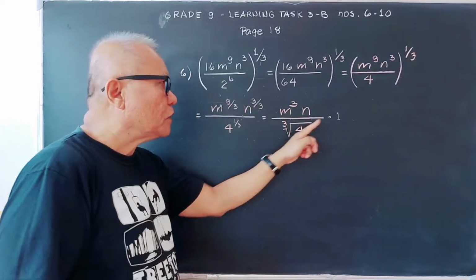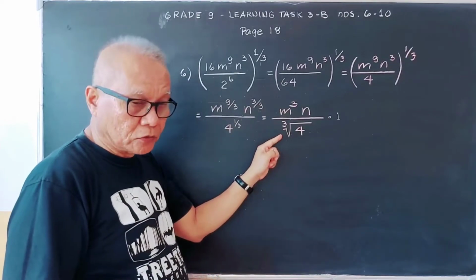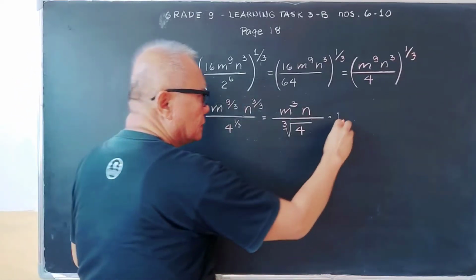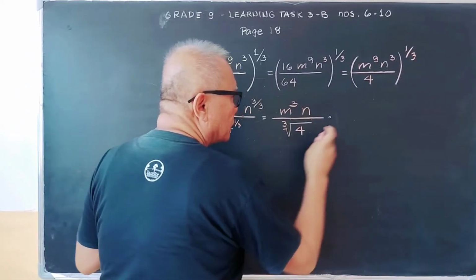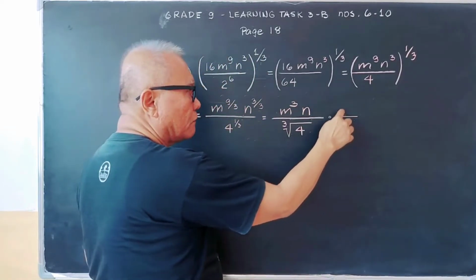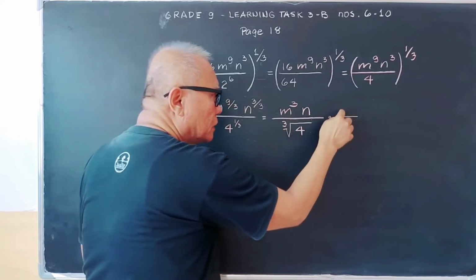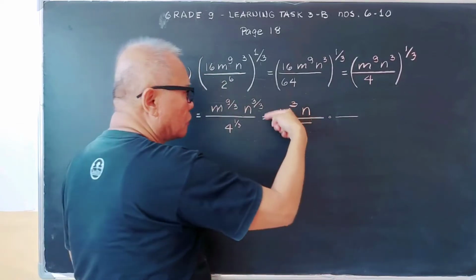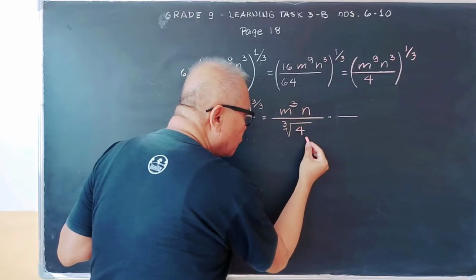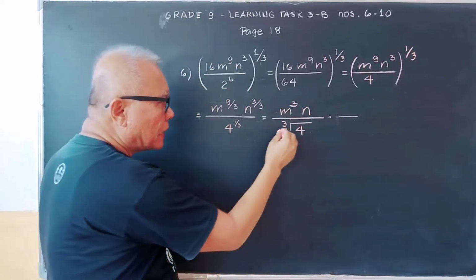Pag times natin ito ng 1, ganun pa rin ang value, hindi magbabago. Pero yung 1, gagawin natin siyang, halimbawa, 3 over 3, edi 1 din siya. 4 over 4, parehas dapat imumultiply mo rito para itong dalawang ito is equal to 1 na hindi magbago ang value. So, paano gagawin natin dito sa cube root ng 4? Para siya ay maging whole number or integer at mawala itong cube root.